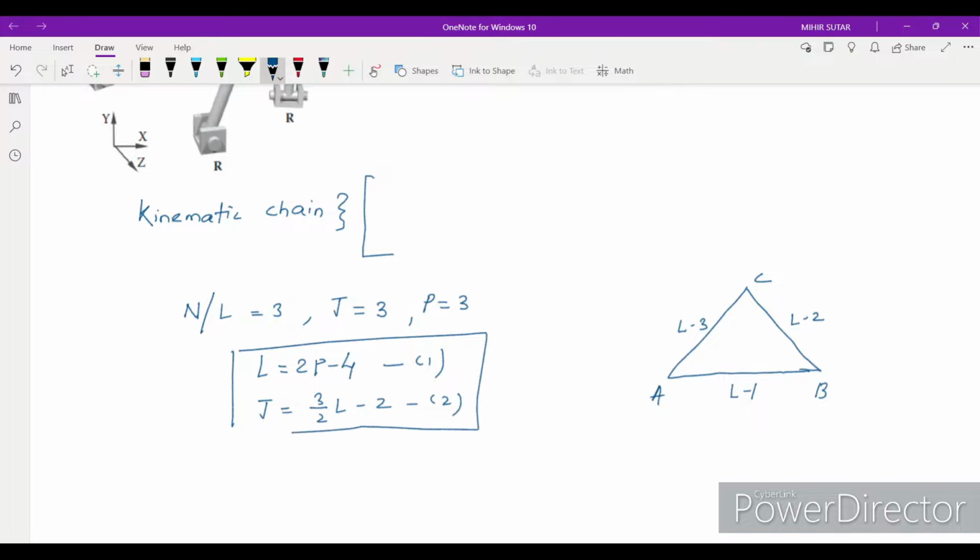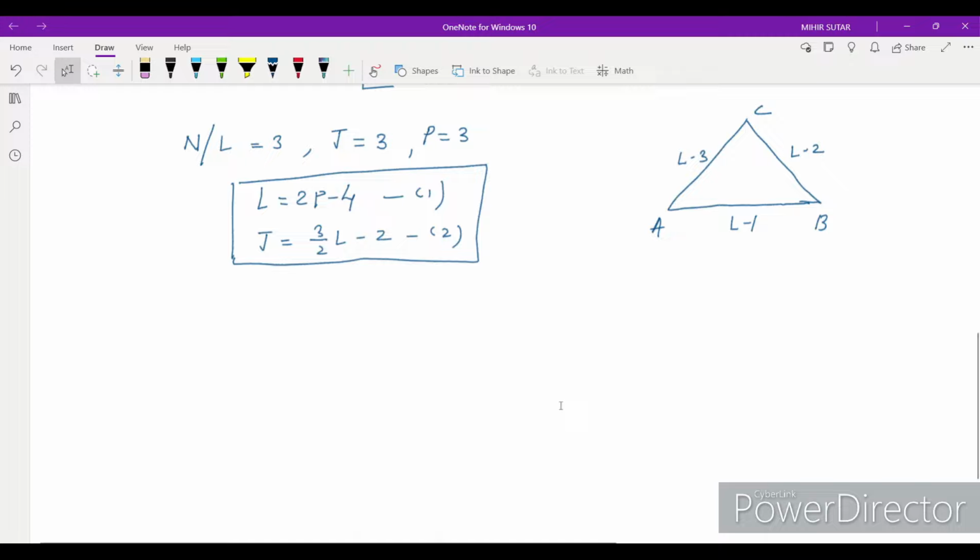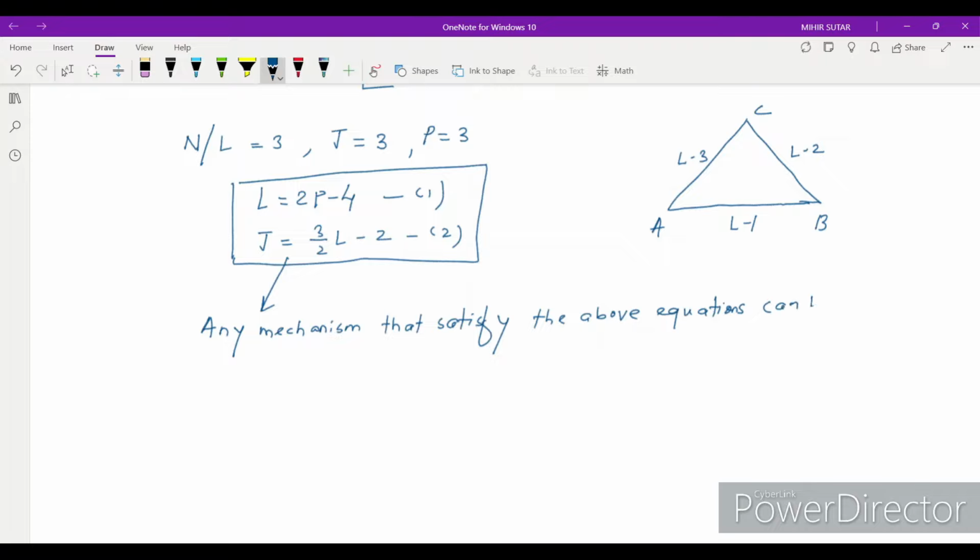Now for this particular case, if I am to tell whether it is a kinematic chain or not, here I can write: any mechanism that satisfies the above equations can be termed as a kinematic chain, right?